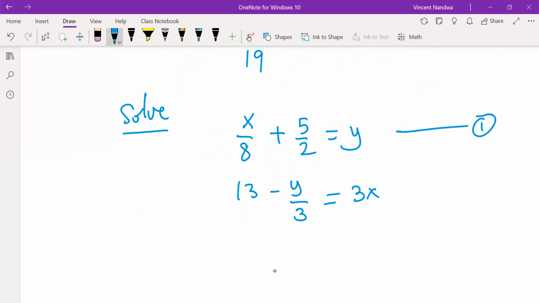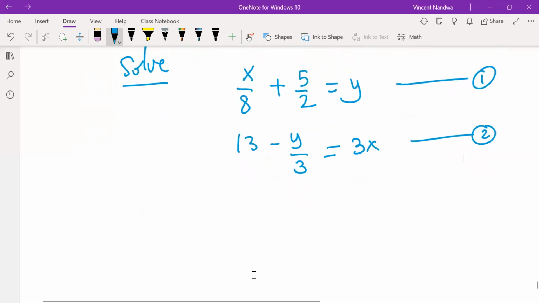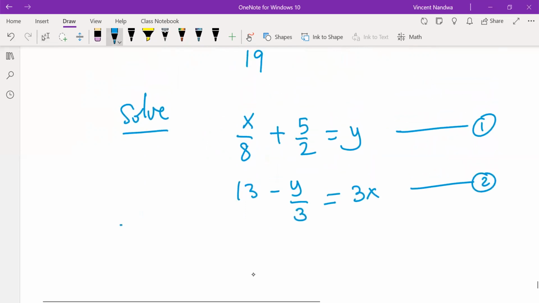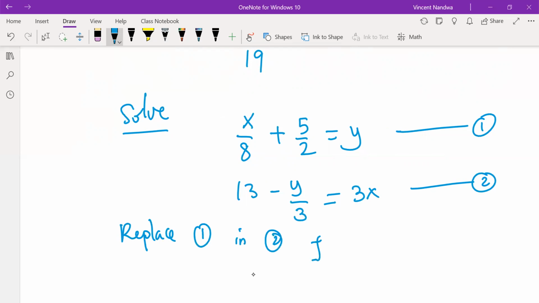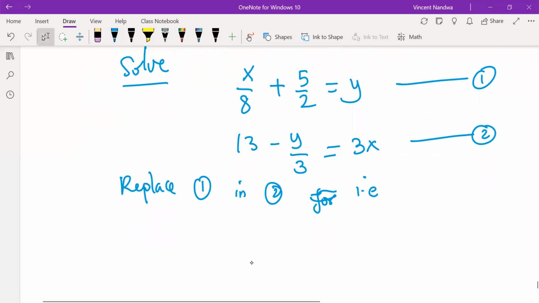So this is equation 1, this is equation 2. In fact, this one is simple because from 1 we already have y. So replace 1 in 2. So this is what I mean: where this y is, you put x over 8 plus 5 over 2.